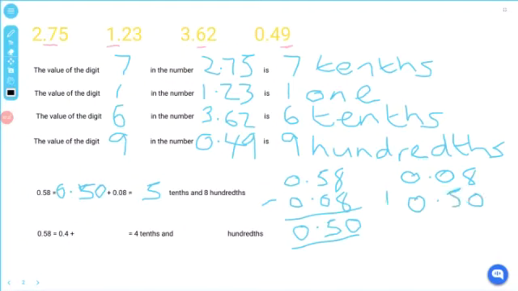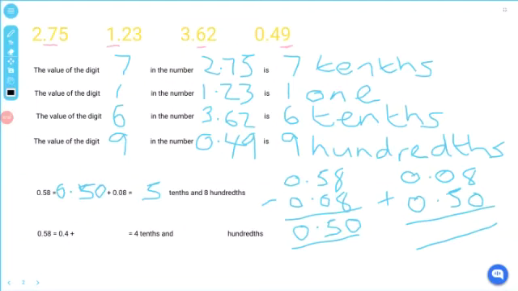So our first number is 8 hundredths and our second number is 5 tenths. So if we add them together, we should get 0.58. So we're just checking that our answer is correct.